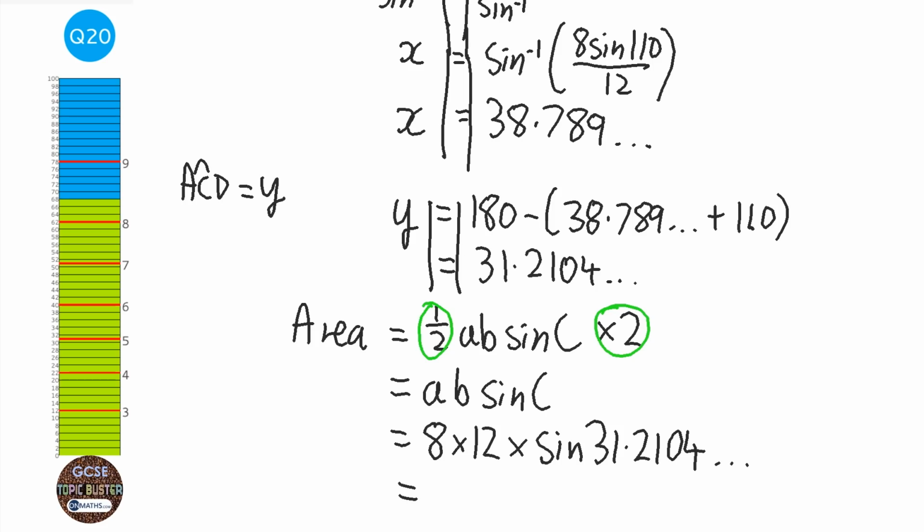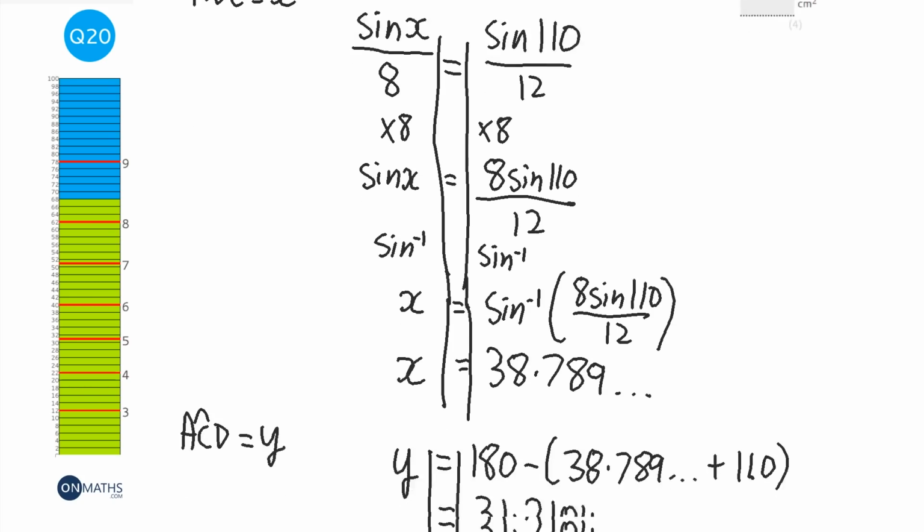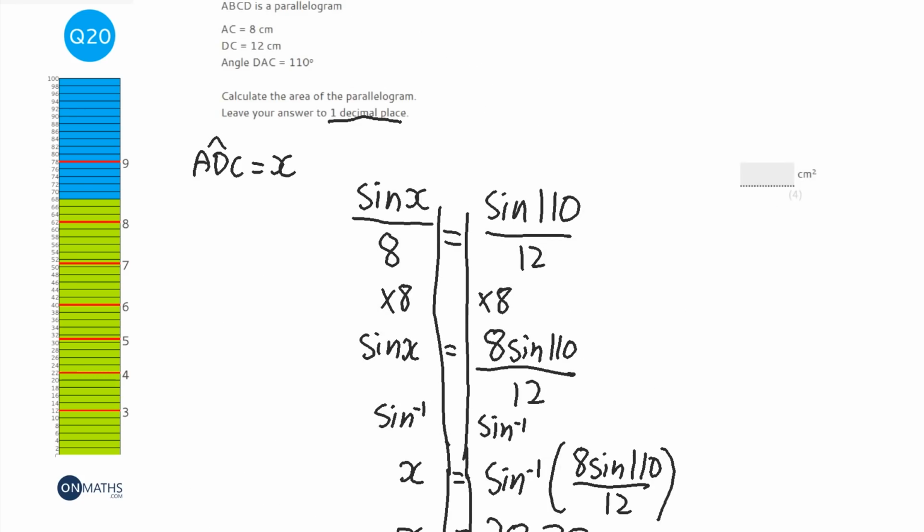So let's quickly use the calculator before it switches off. So I'm going to press sine answer, close bracket, times 12 times 8. And it says the answer is 49.7455 blah blah blah. Let's have a look and see the accuracy that I need. 1 decimal place. So that's going to be 49.7.